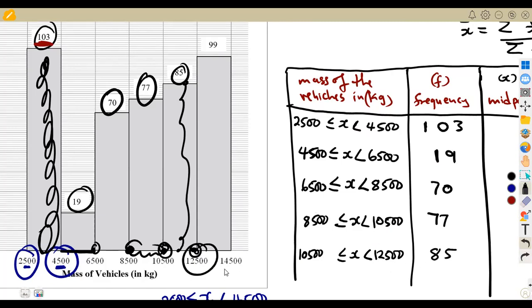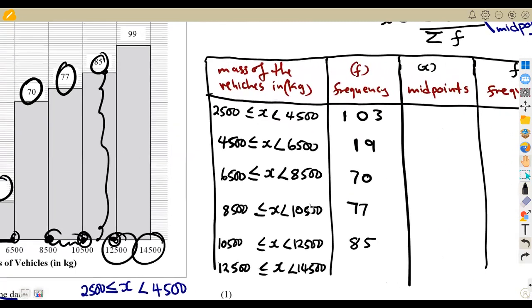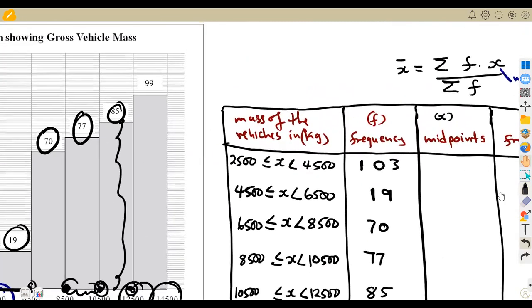Then the last class is 12,500 to 14,500. So X is going to be greater than or equal to 12,500, but less than 14,500. The frequency there on top is 99.